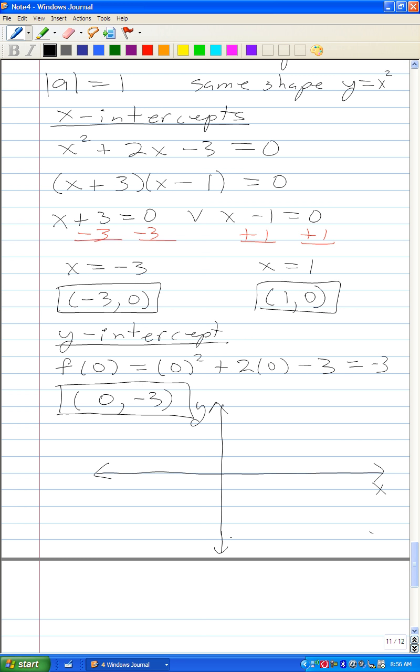So the vertex is at negative 1, negative 4, and I have an x-intercept at 1, a y-intercept here, and an x-intercept here. Okay, so let's see if I can sketch the graph of this, going through these points.